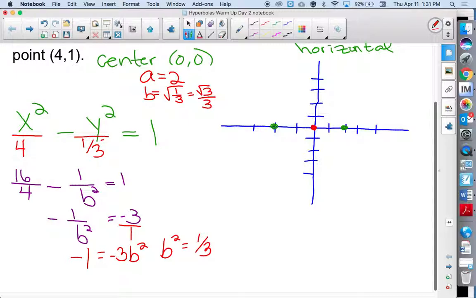You would do a squared plus b squared, or find the square root of that. Yeah, so really you're taking the denominators and adding them for a hyperbola, because the foci need to be further away from the center, subtracting them for an ellipse. So Libby, 4 plus 1/3 is?